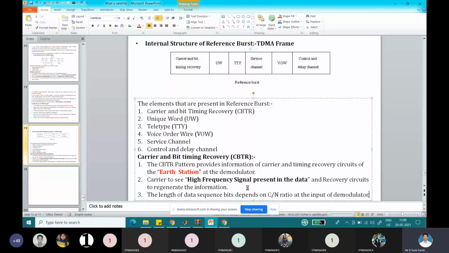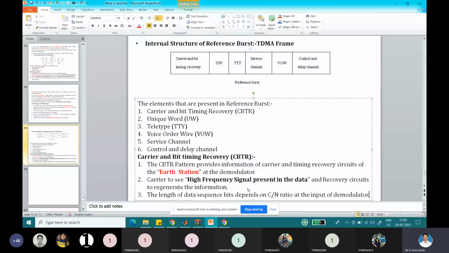Don't forget this point. As we are saying that we are getting the information near to the demodulator now, you have the sequence of data, the length of bits. So these bits that you have obtained depend upon the C by N calculation that you have done before getting the data to the demodulator.